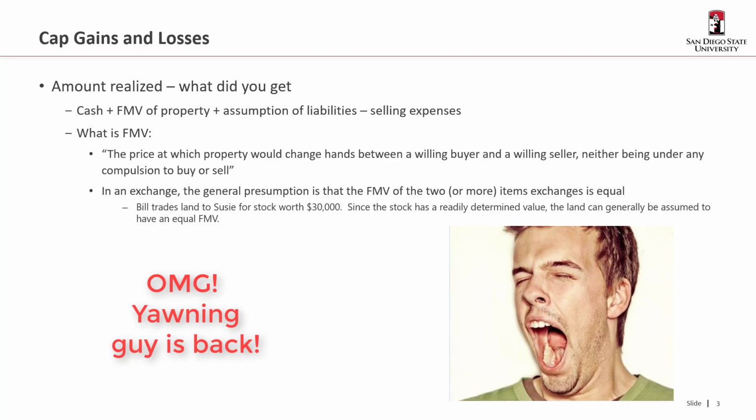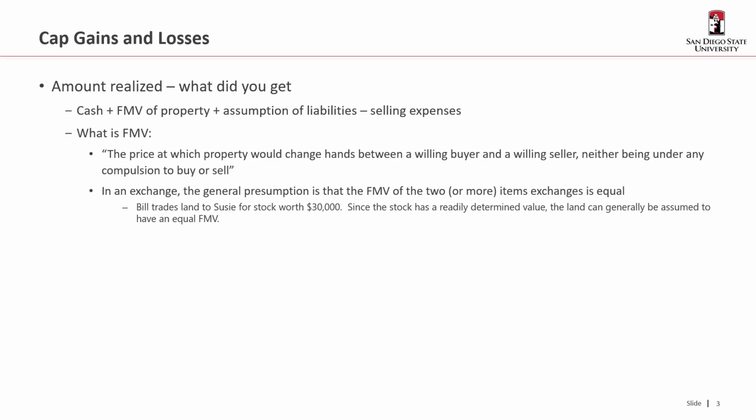In an exchange, the general presumption is that the fair market value of the two or more items exchanged is equal. So, for example, if Bill trades land to Susie for stock worth $30,000, let's assume that the stock has a readily determined value, right? So it's stock traded on an exchange, so we can determine what the value of that stock is.